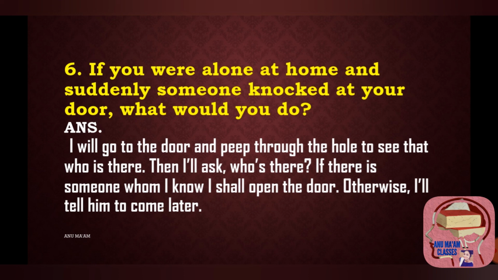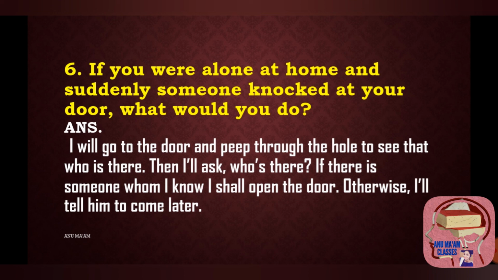You could have some different answer, but let us see. It can also be an answer. Like you can say, I will go to the door and peep through the hole to see who is there. Then I'll ask who is there. If there is someone whom I know, I shall open the door. Otherwise, I will tell him to come later.